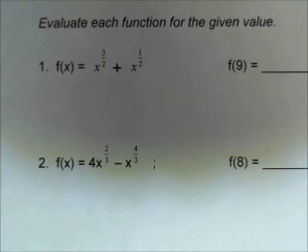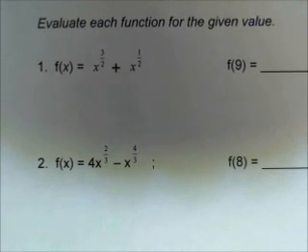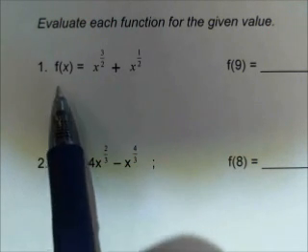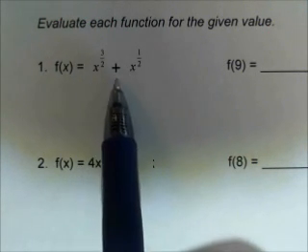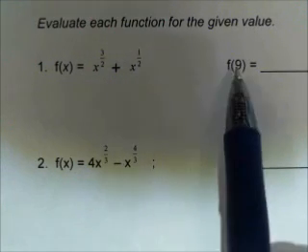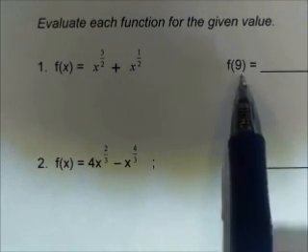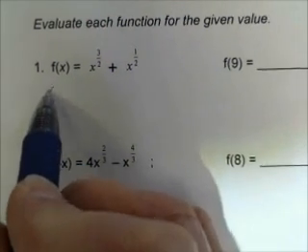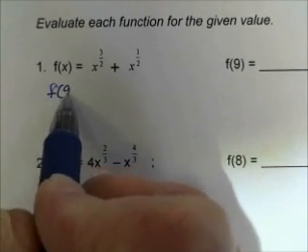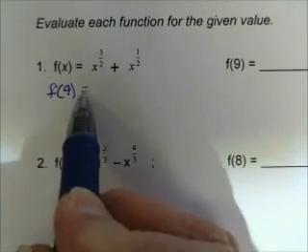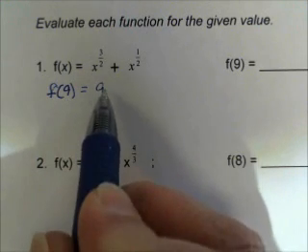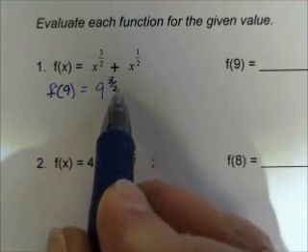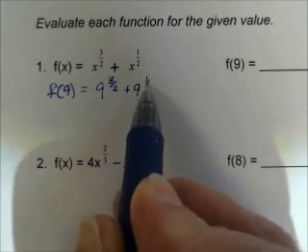Okay, for our last group of problems, we want to evaluate each function for the given value. So number 1, we have f of x equals x to the 3/2 plus x to the 1/2. We want to evaluate f of 9. So we replace our x's with the value of 9. So we have 9 to the 3/2 plus 9 to the 1/2.